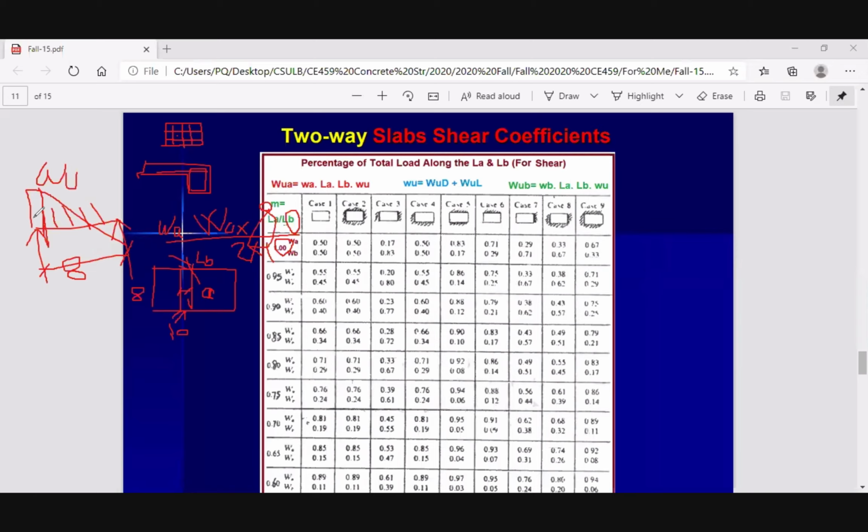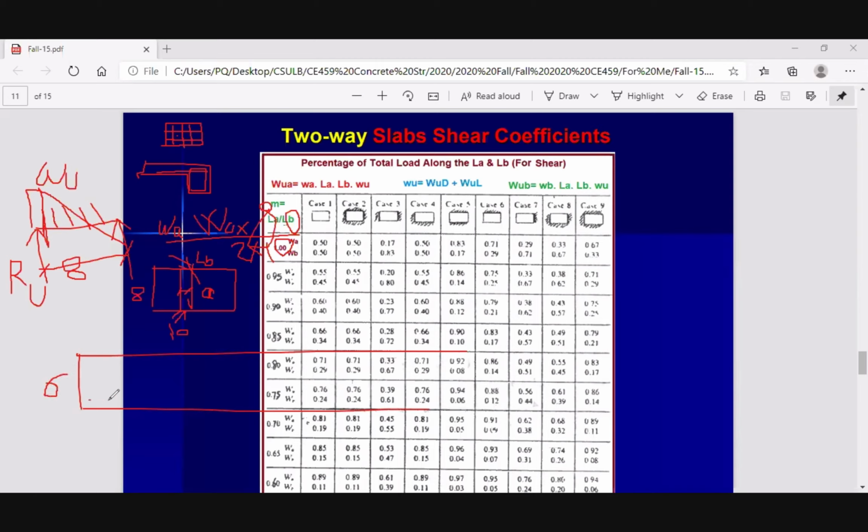How can we calculate this RU from this equation? Omega A, omega U, LA, LB divided by 2 divided by LB. So that's your RU for A direction. D from the face of the support, so RU minus omega U times d. What's the d? If that's the cross section of your slab, a slab is about 6 inch, for example.